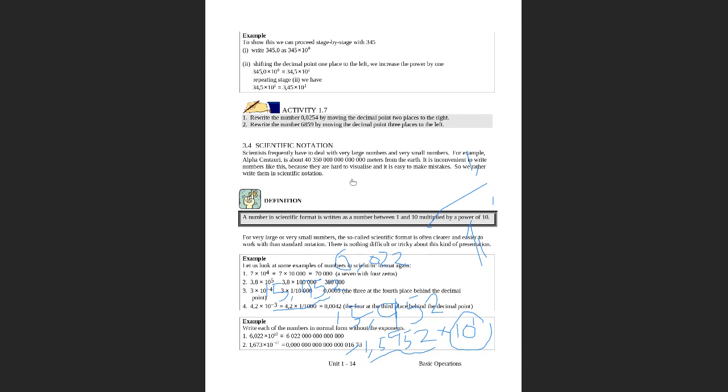Yes, sir. Good. So for it to be between 1 and 10, I move the comma one decimal place to the left. Then it becomes 1.5952. Because I moved it once, I am raising it to 10 to the power 1. Understand me? Okay, I see now.